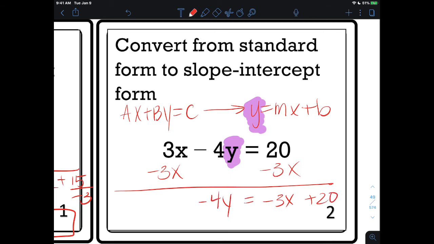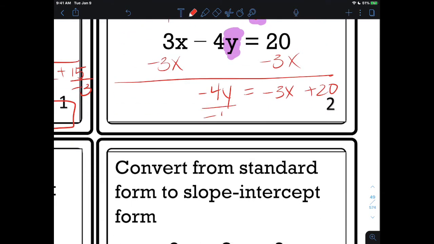Now I'm going to do my great divide. Divide by whatever is attached to my y. And I absolutely must divide every single thing I see. And I end up with an answer of y equals 3/4 x minus 5.